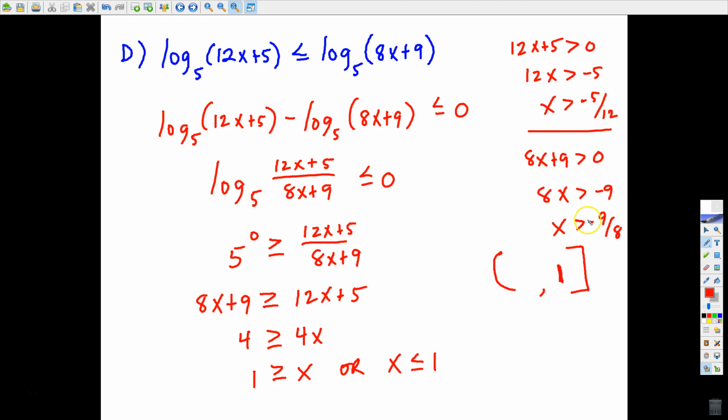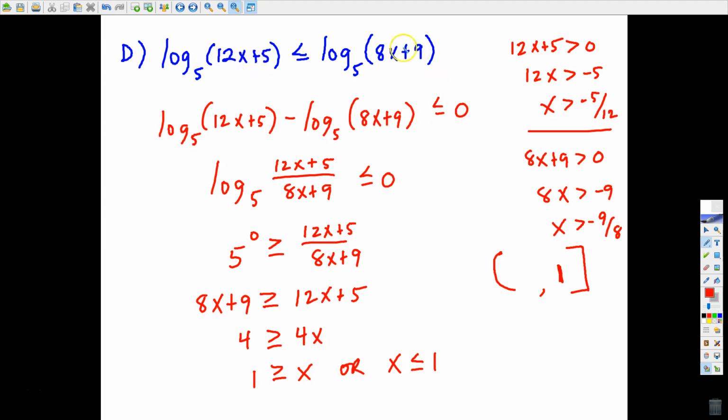And you can do a little test if you need to. This is negative 1 1/8, and a number bigger than that, the closest one that would be easy to check would be negative 1. Okay, well, if you let x be negative 1, then you're going to have a problem right here, because 12 times negative 1 is negative 12 plus 5, that's negative 7. That can't work.